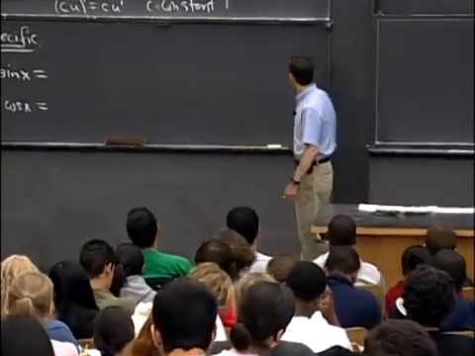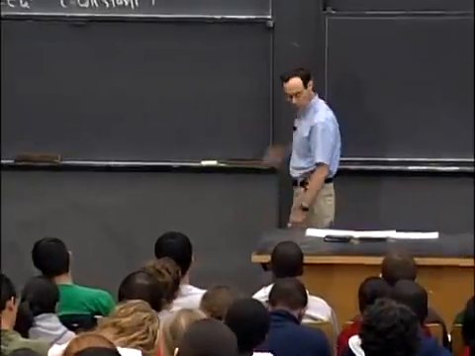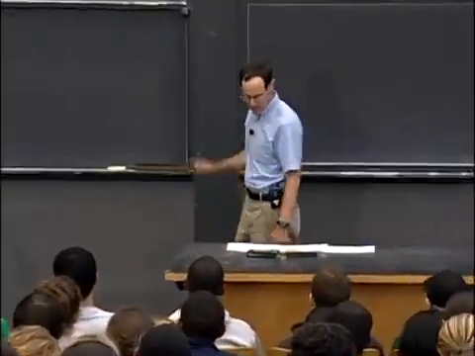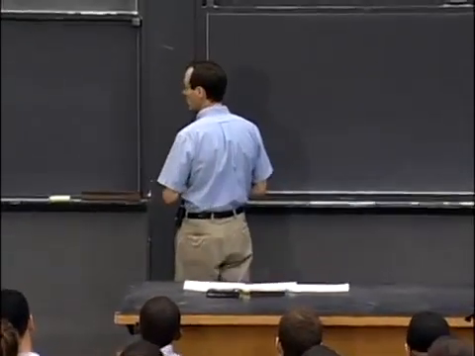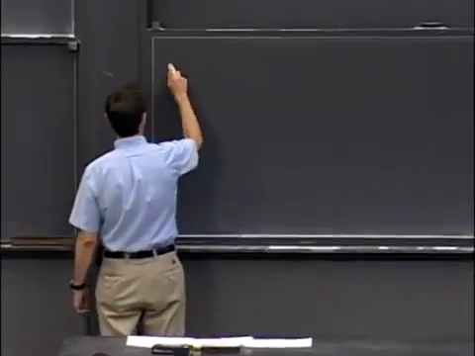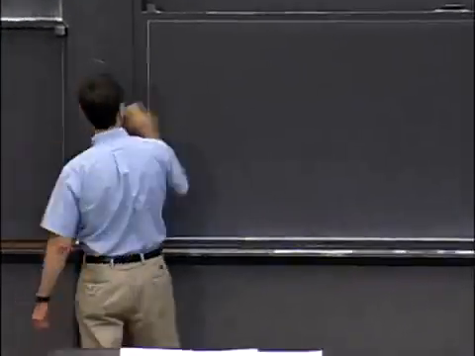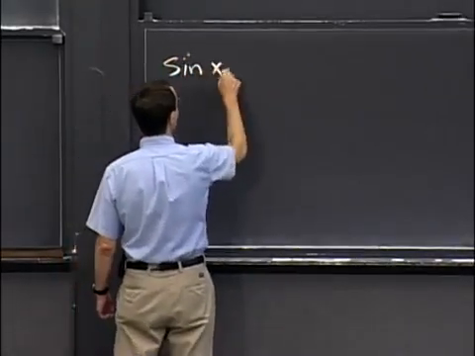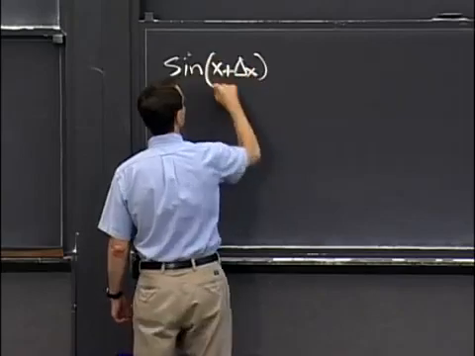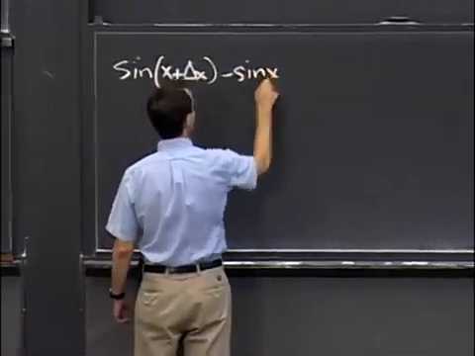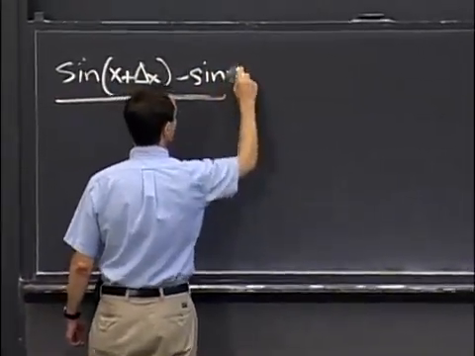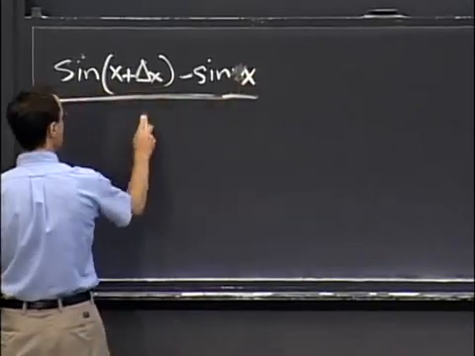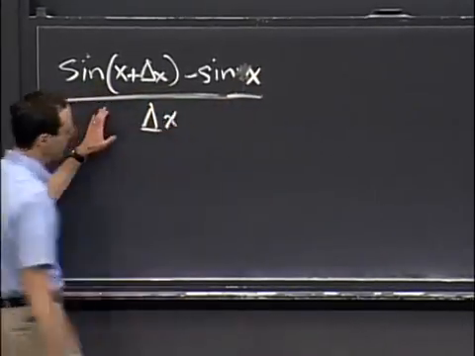All right, so in order to calculate these, I'm going to start over here and just start the calculation. So here we go. Let's check what happens with the sine function. So I take sine of x plus delta x. I subtract sine x. And I divide by delta x.